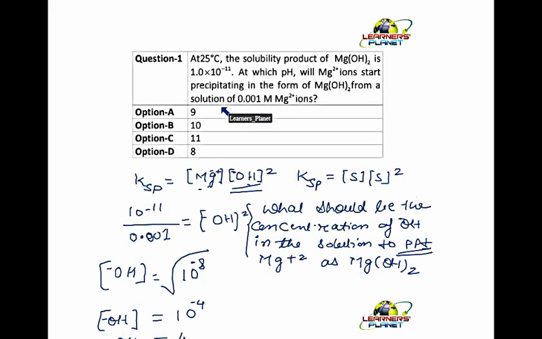Right? So this question has been slightly twisted. Despite asking how much hydroxyl or what should be the concentration of hydroxyl ions so that your magnesium ions precipitate, it is asking what should be the pH of the solution, right? So this is slightly twisted one. That's it.